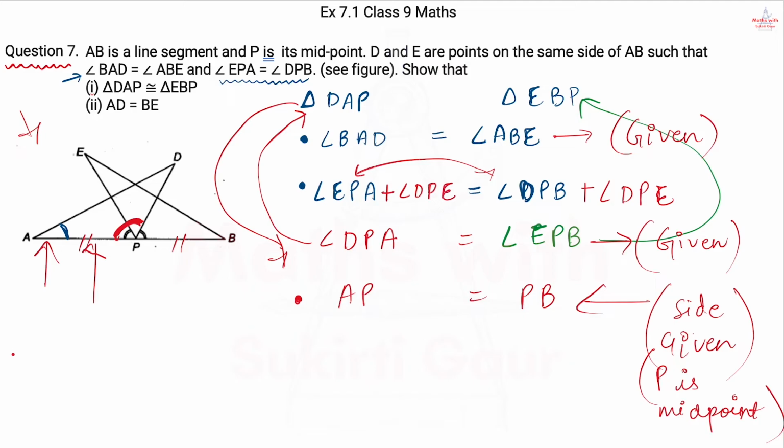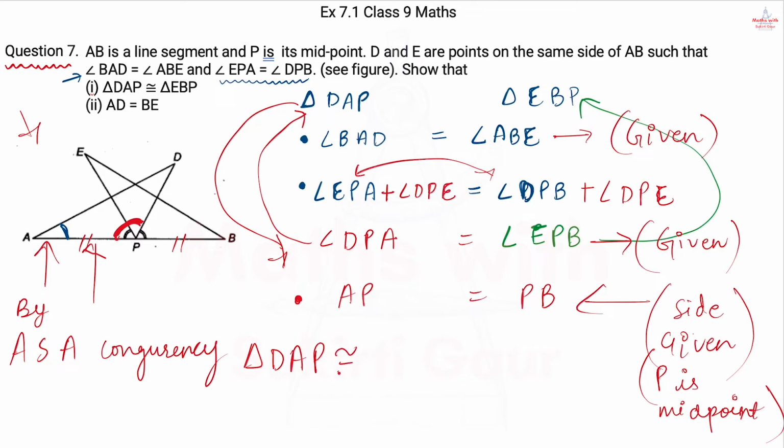So it is the ASA criterion. We are getting an angle, a side in between, and an angle at the last. So by ASA congruency, can I say triangle DAP is congruent to triangle EBP?